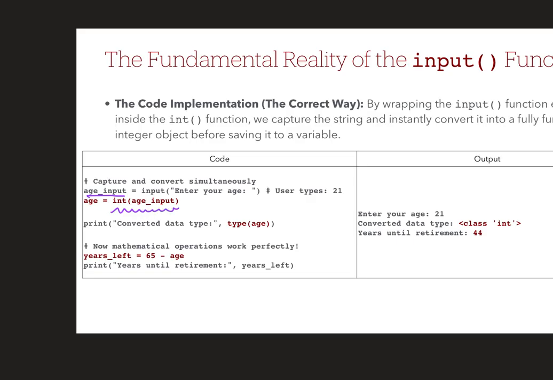Okay. Of course, you can combine these two and say the age input is obtained from the input function, and then you can call an int function on top of that.